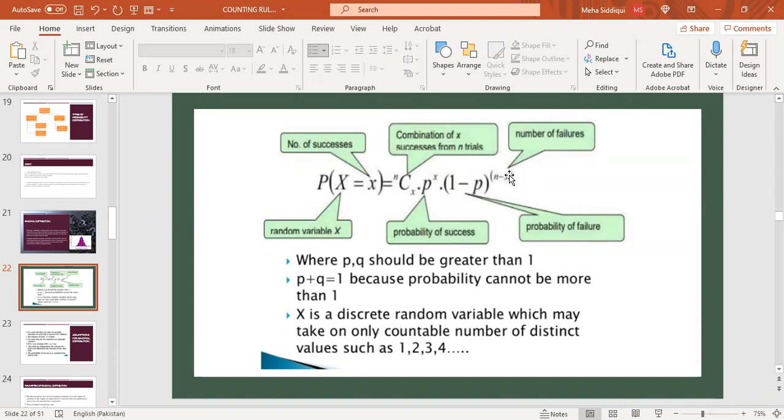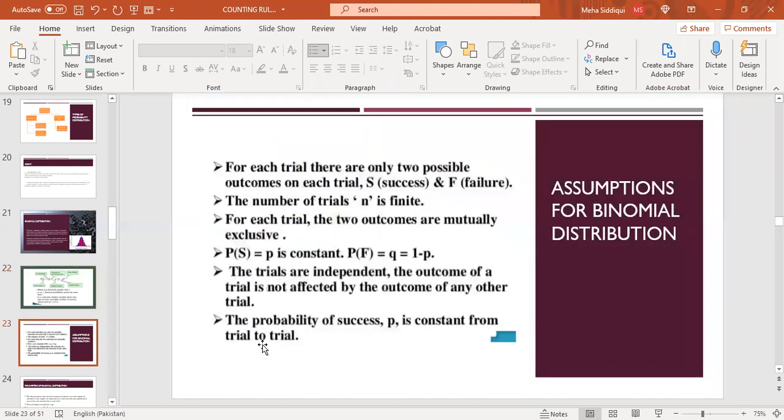Here the exponent n minus x means the number of failures. p plus q is equal to 1 because probability cannot be more than 1. X is a discrete random variable which may take on only a countable number of distinct values such as 1, 2, 3, 4.